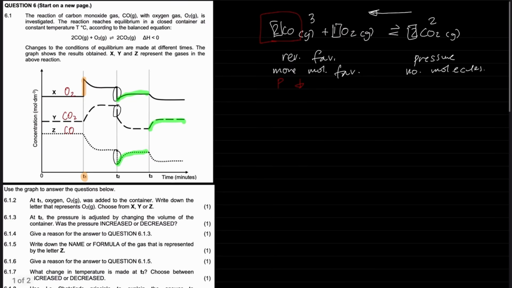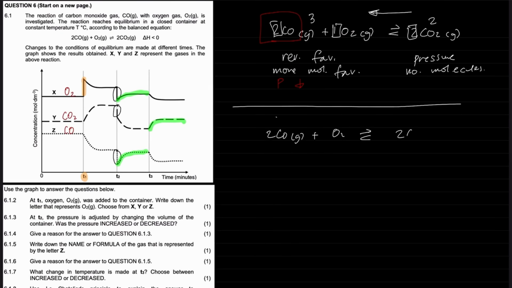CO2 increased. Now, let me write the reaction one more time. So CO plus O2 gives me 2CO2. And now when we talk about temperature, we need to look at the delta H. And the delta H was less than 0. Now, since we can see clearly that the concentration of CO2 increased, it means that the forward reaction was favored.